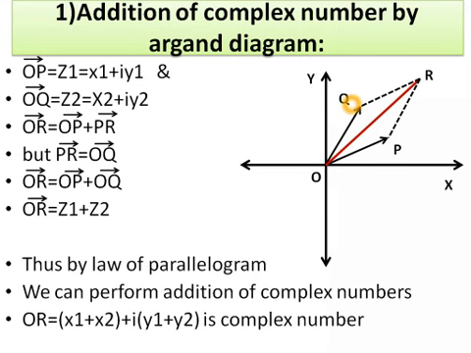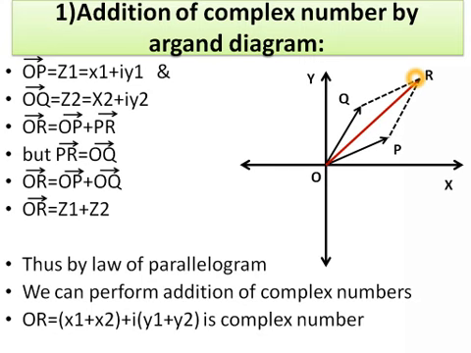So we have joined the tips of Q and P with the help of a third point R in such a way that OQRP will form a parallelogram. And according to the law of parallelogram, if OP and OQ are the adjacent vectors, then their addition can be determined by finding the diagonal of the parallelogram.